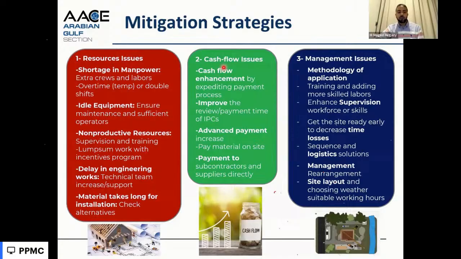Sometimes we make big variations, and based on these variations, we need to increase the advance payment. Sometimes the contractor is performing but doesn't have sufficient solvency to cover the funding, so to support them, instead of 10% we make 15% advance payment.